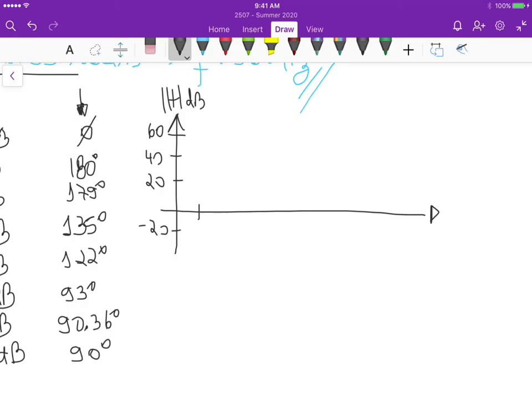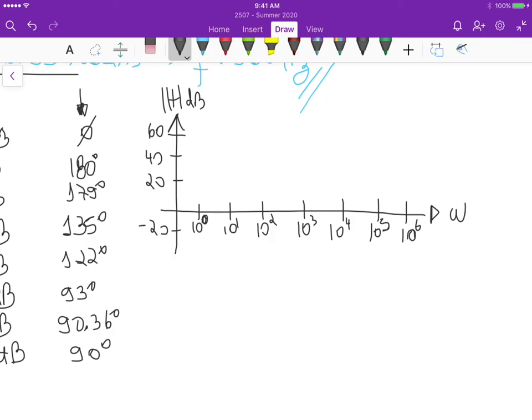We have 10 to the 0, 10 to the 1, 10 to the 2, 10 to the 3, 4, 5, 6. Okay, so this is omega. Here it's 10 to the 0, 10 to the 1, 10 to the 2, 10 to the 3, 10 to the 4th power, 10 to the 5th, 10 to the 6th.